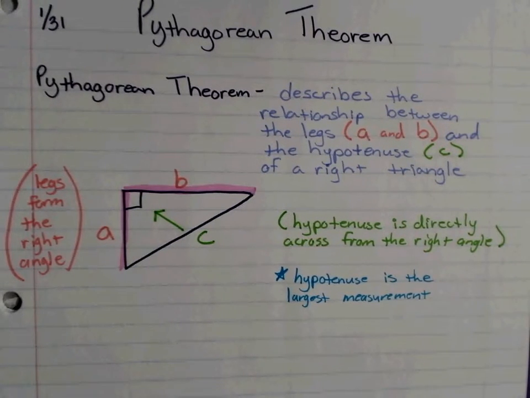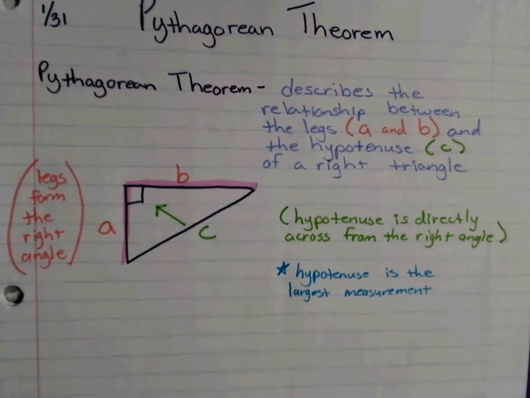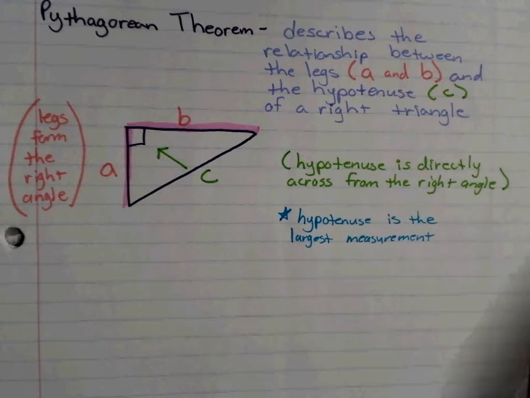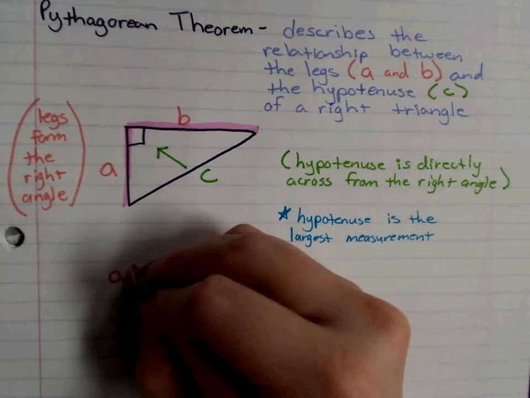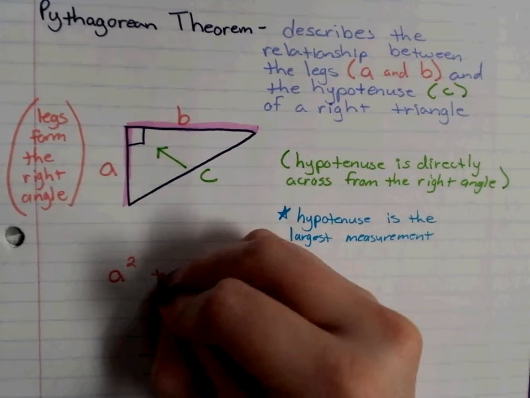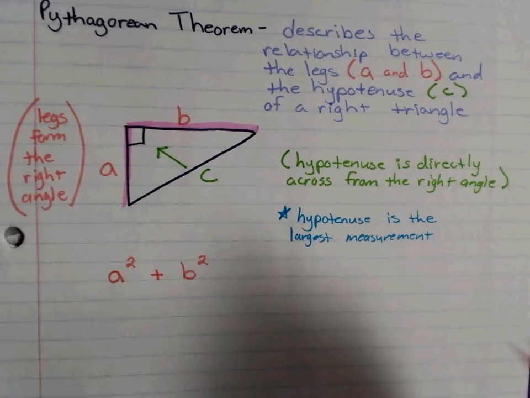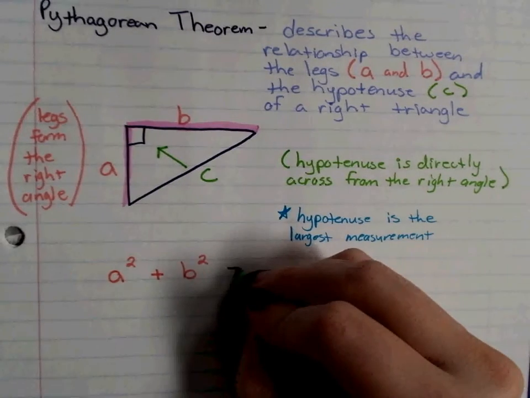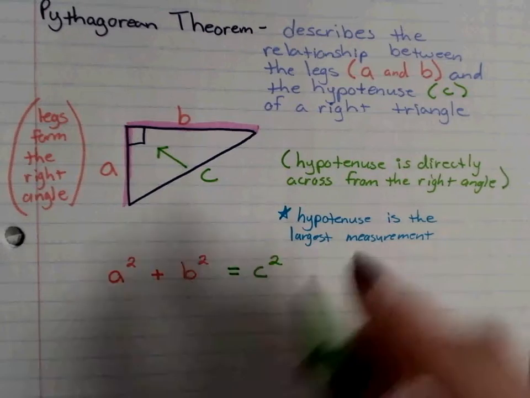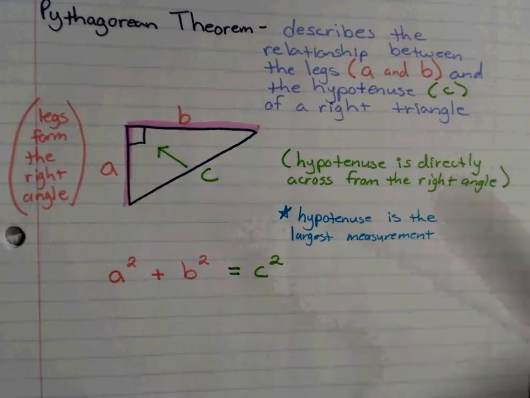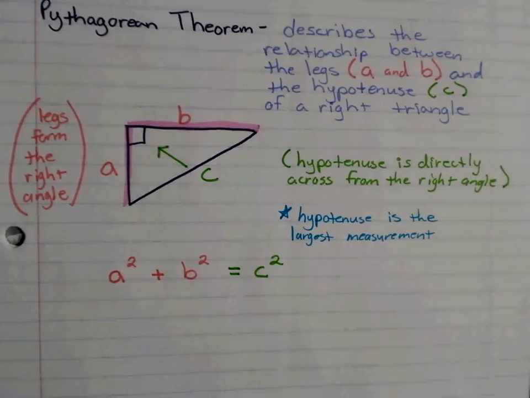Okay, and then from here you have your formula, a squared plus b squared is equal to c squared. So knowing those perfect squares, knowing what your squared values are and your square root values are, it'll make this unit go a lot faster.